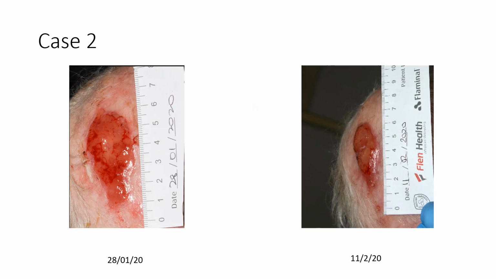We picked him up again in January the next year, and this is the wound at the point when we applied Flaminol Forte. It was quite a wet wound, so we applied the Forte to it. You can see that 12-13 days later, the wound is smaller and healthier looking.